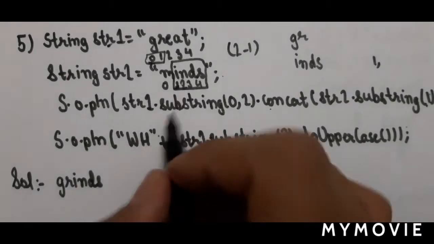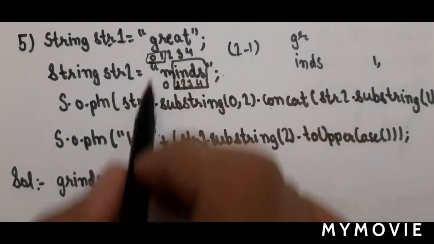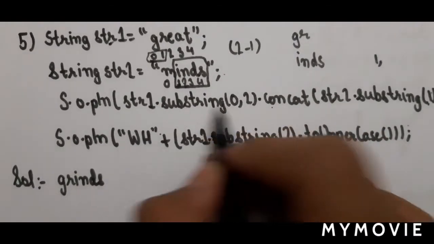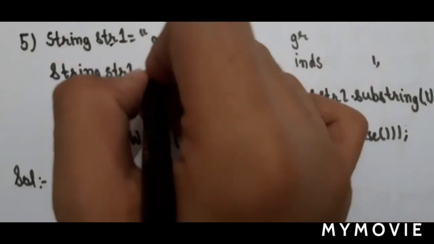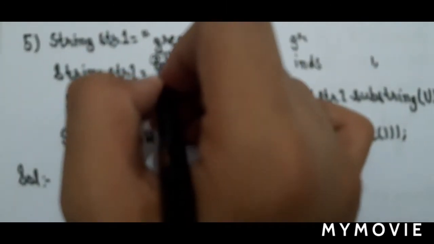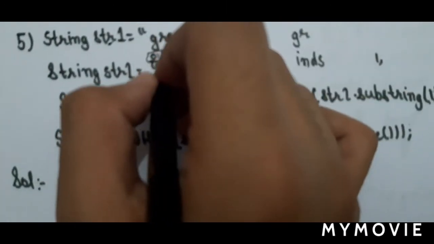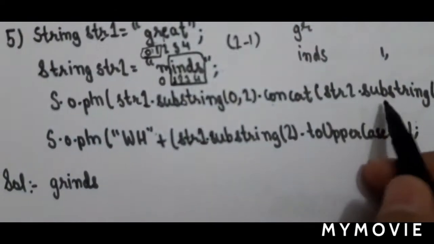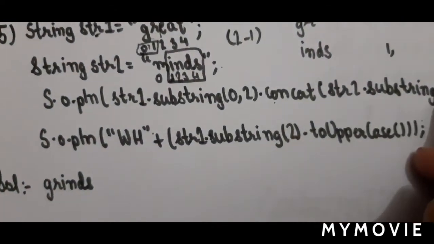So let me explain once more. str1.substring(0, 2). So it takes 0 and 1. It takes till 2 minus 1, which is 1. So it takes 0 and 1, which is gr, and str2.substring(1).